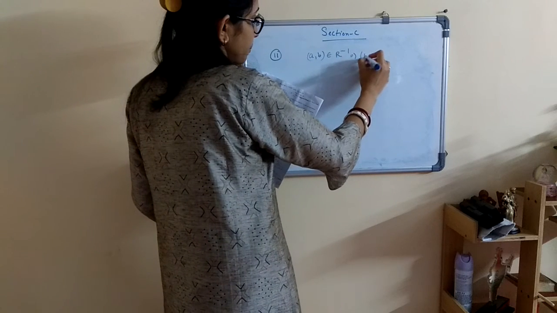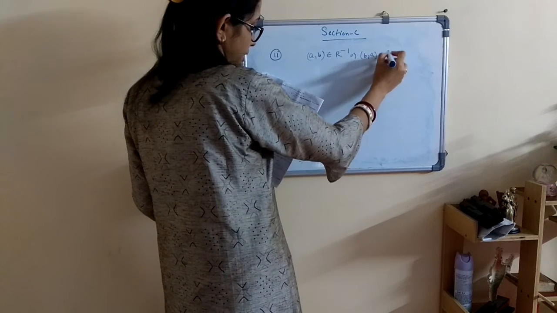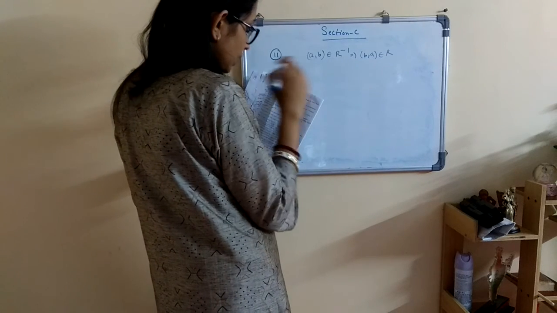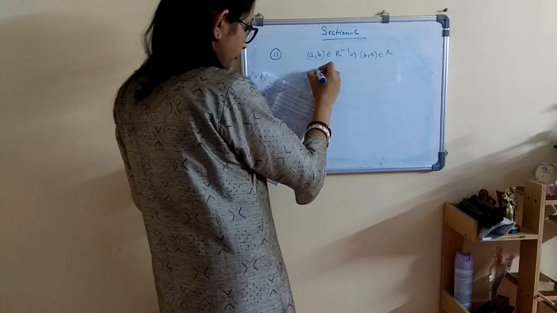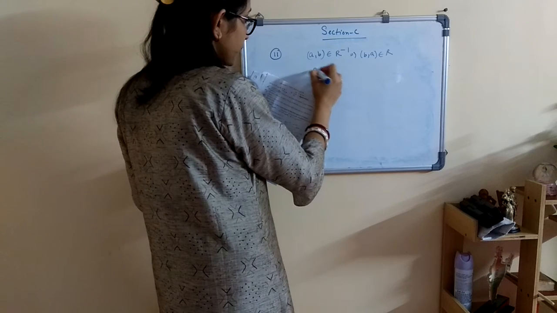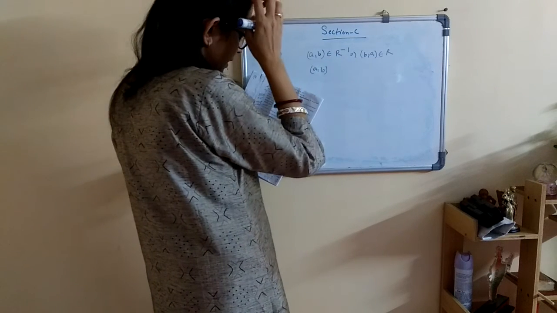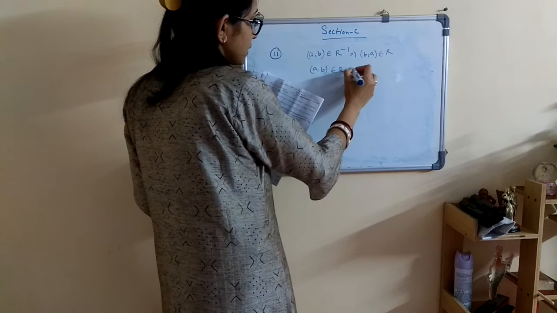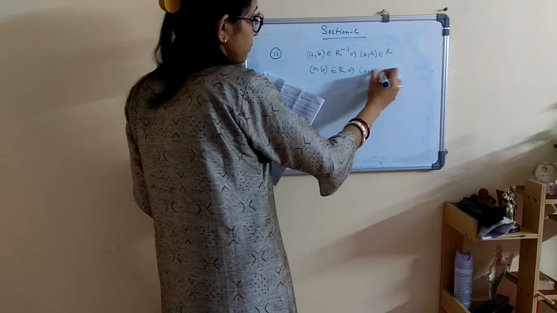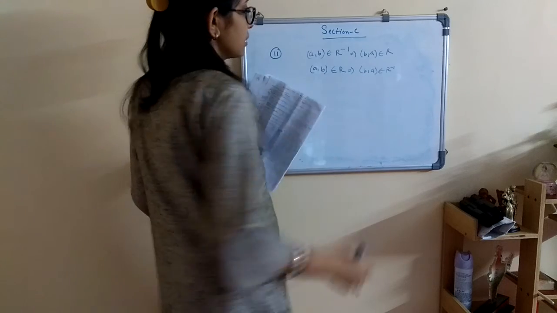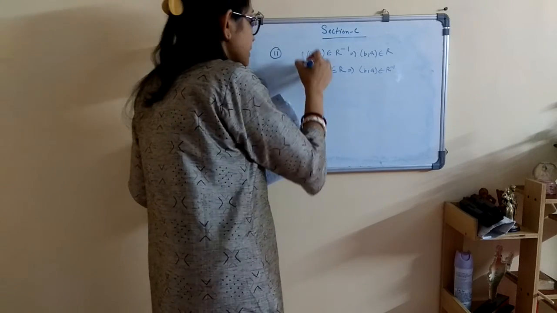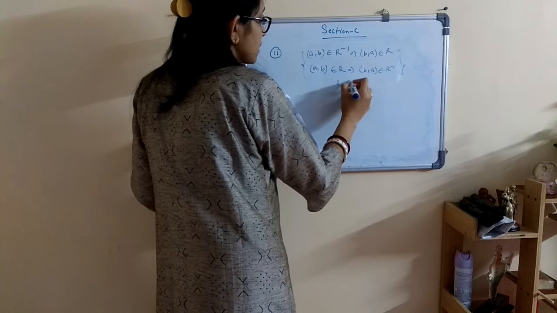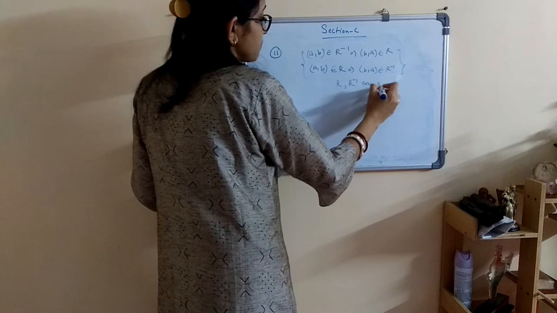From this (B, A) belongs to R. Now, if (A, B) belongs to R, then (B, A) belongs to R inverse. So this states that R and R inverse are symmetric.